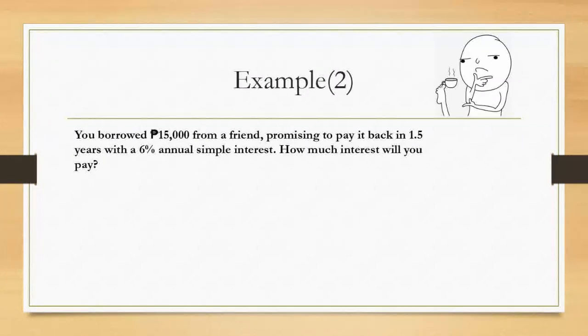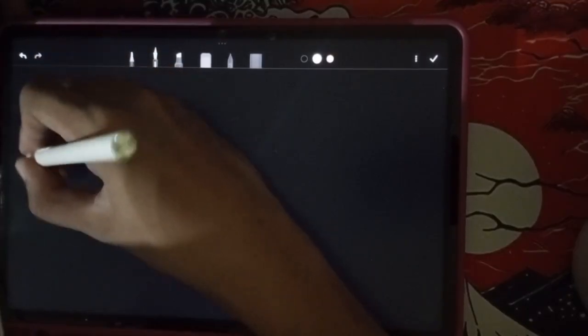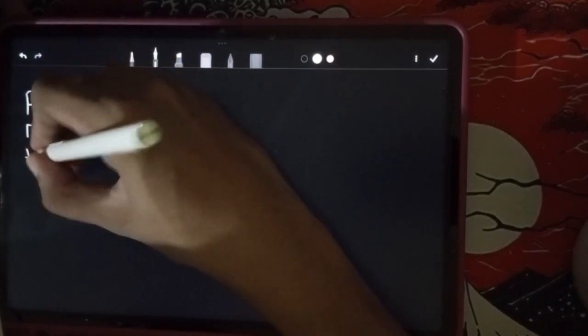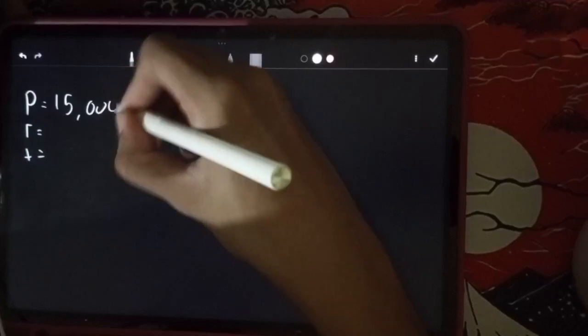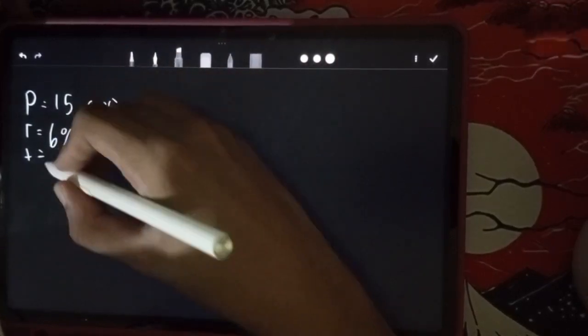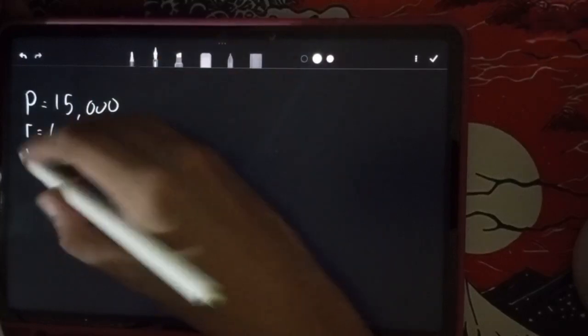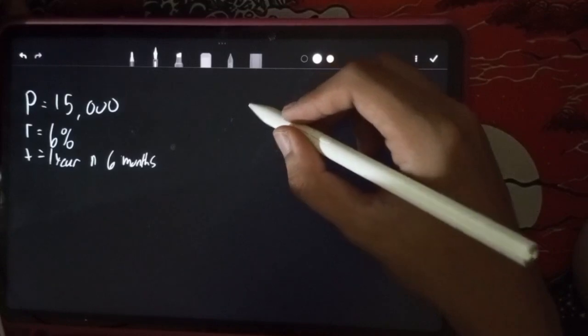Now let's have another example. You borrowed 15,000 from a friend, promising to pay it back in 1.5 years with a 6% annual simple interest. How much interest will you pay? Okay, we need to write the terms first. So P is 15,000 pesos, the rate is 6%, and the time is 1 year and 6 months.